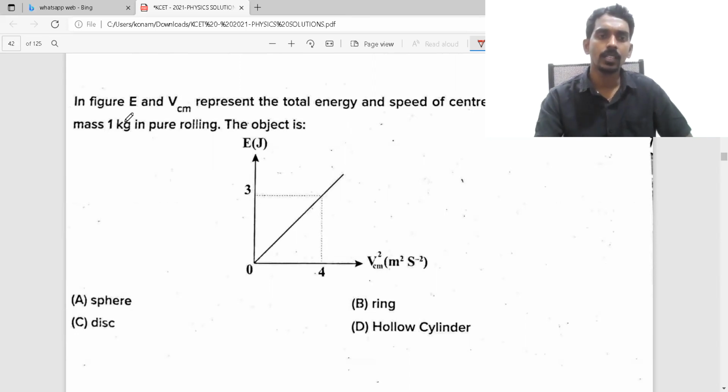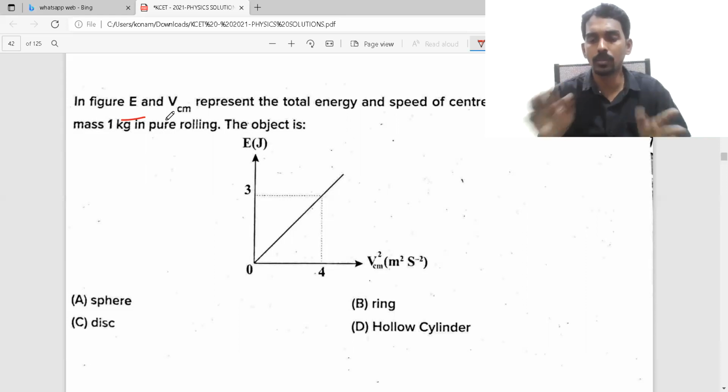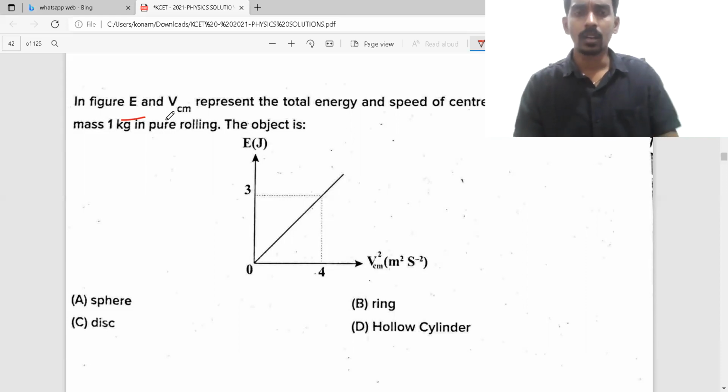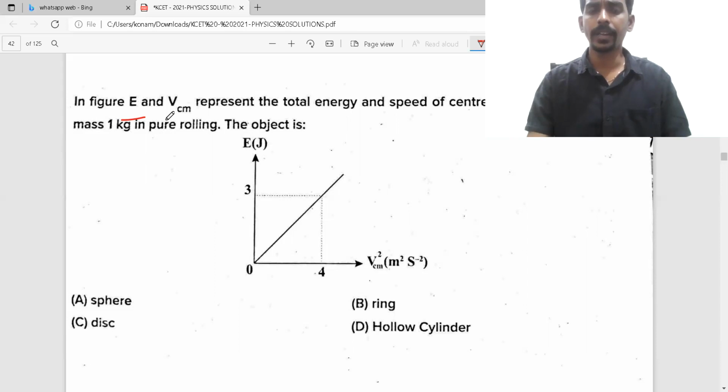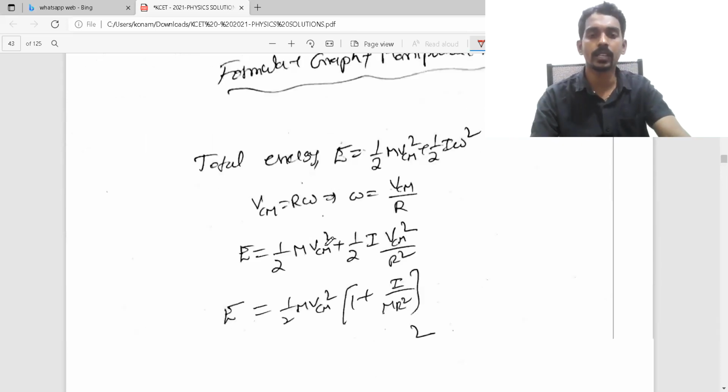See here E is total energy, VCM is velocity of center of mass for a pure rolling body. So rolling body means there must be one translational kinetic energy, there must be one rotational kinetic energy. Both will be there. So you should be having the idea of what is translational kinetic energy, what is rotational kinetic energy. Then you can take the total energy.